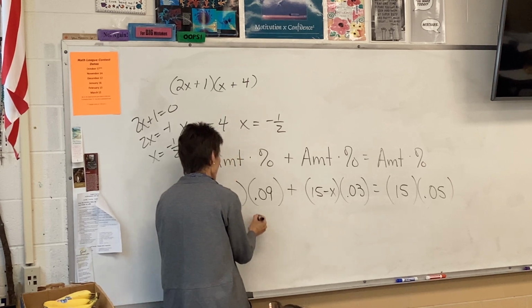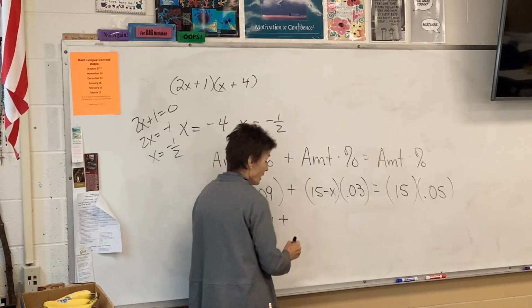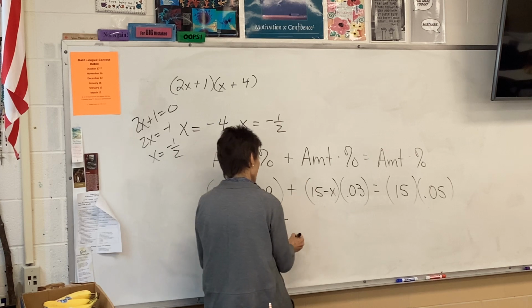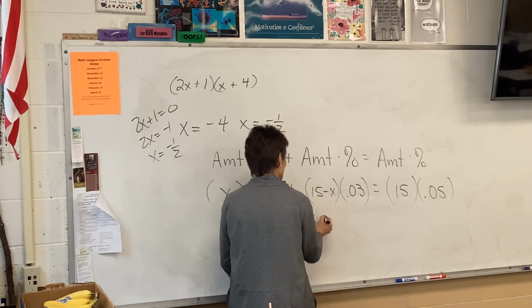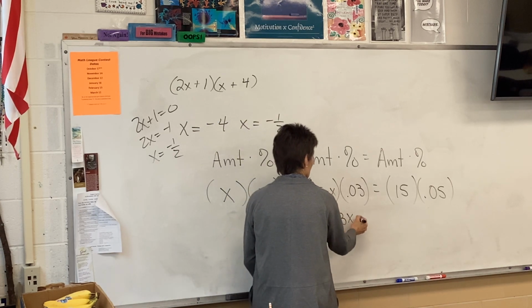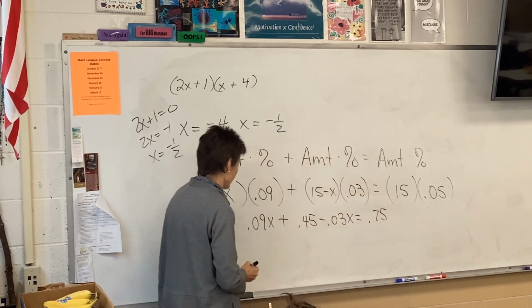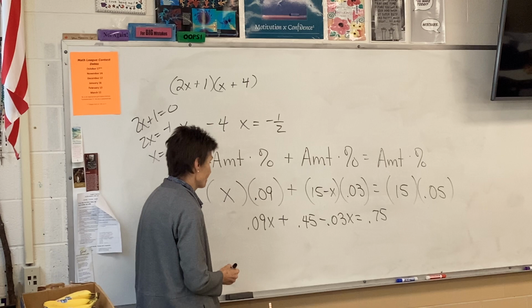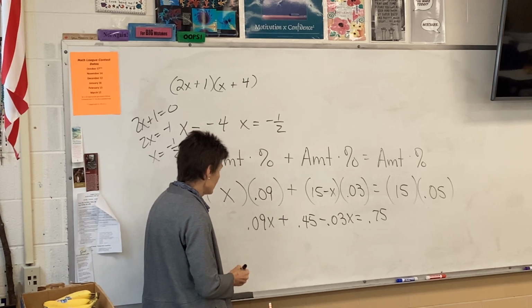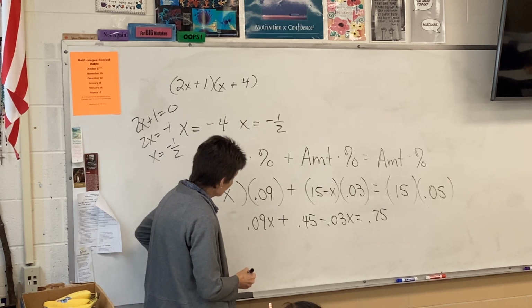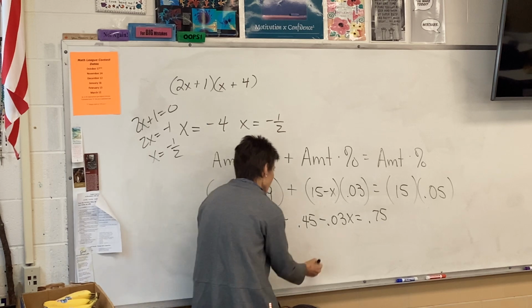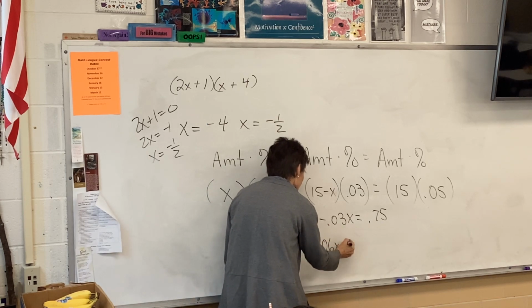All right, 0.09x plus, I'm gonna do some distributive here. And collect my like terms, 0.06x.